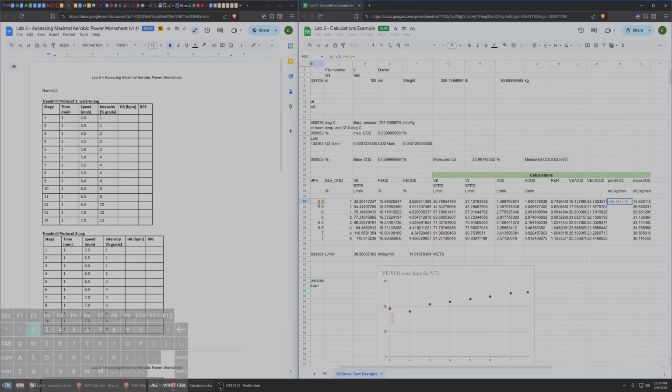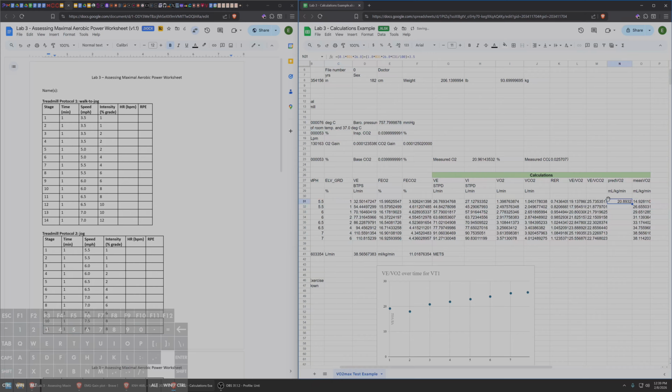So the first 4 minutes will be equals 0.1 times speed times 26.8, plus 1.8 times speed times 26.8 times elevation divided by 100, and finally plus 3.5.